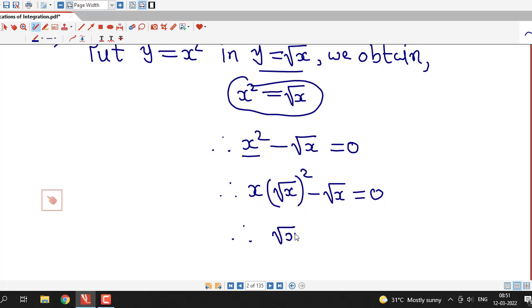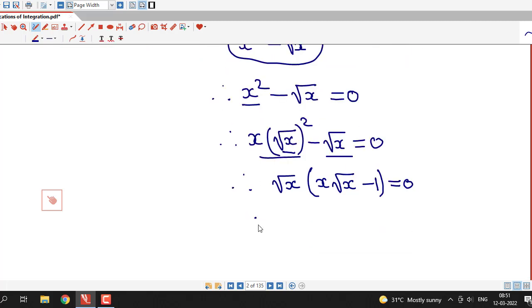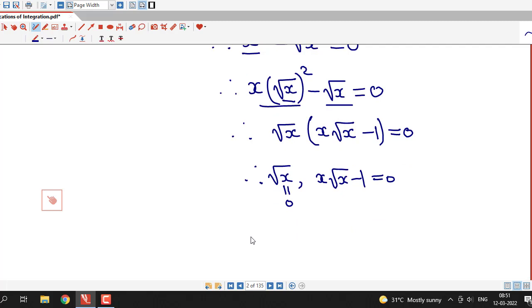So here we can take square root of x common from these two terms, and here we are left with x into square root of x minus 1 equal to 0. Therefore square root of x equal to 0, or x into square root of x minus 1 equal to 0. So one possibility is x equal to 0.